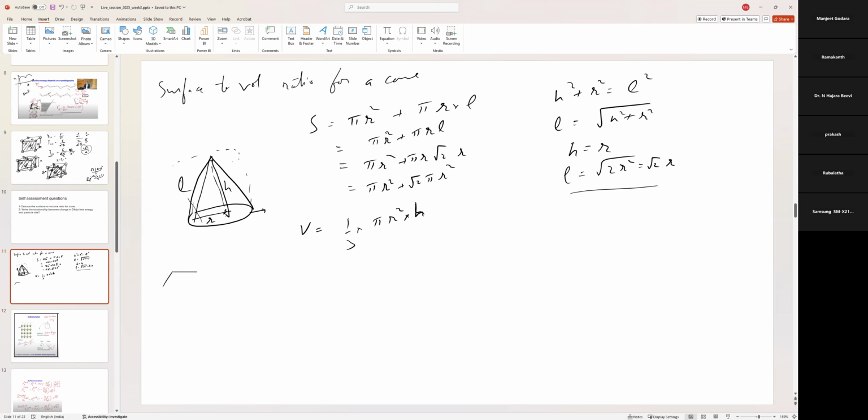So if you had a pyramid with a rectangular face, again you assume a rectangular cuboid, calculate the entire volume, and the pyramid is one third of that volume. So again, the volume of a cone is one third the volume of the cylinder circumscribing it.